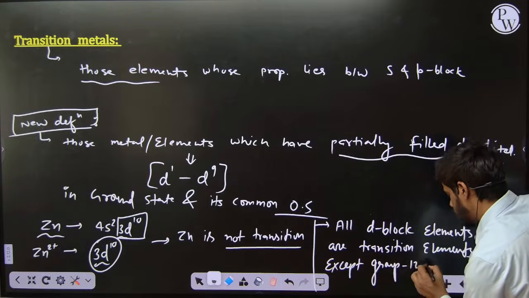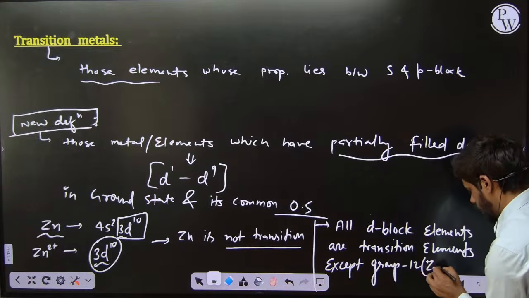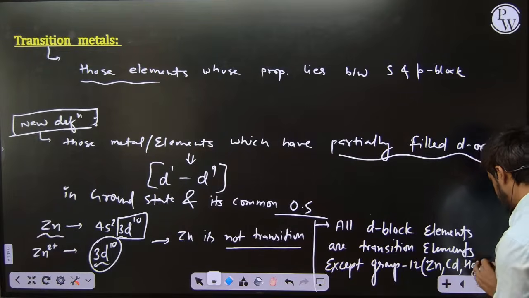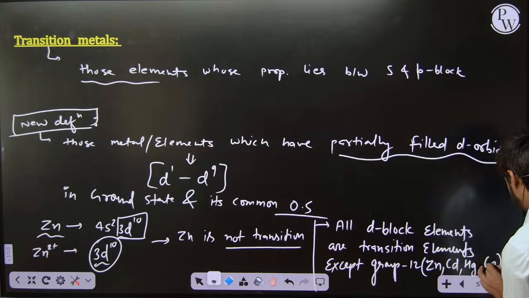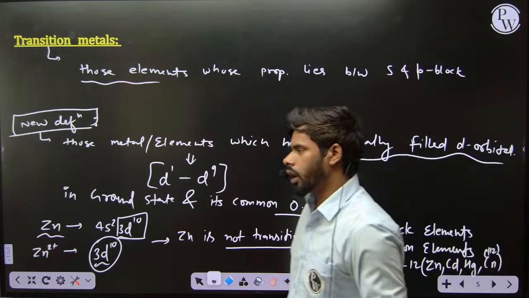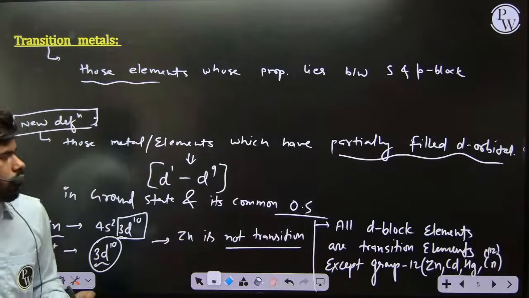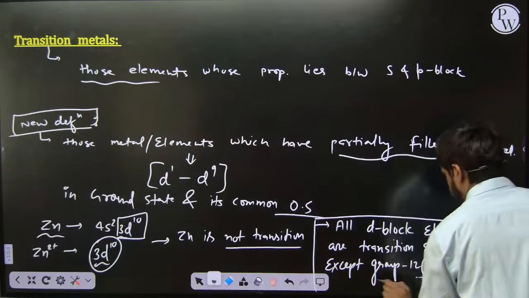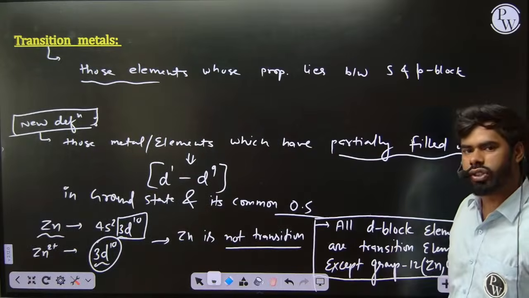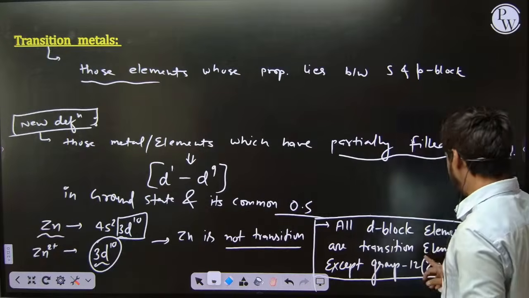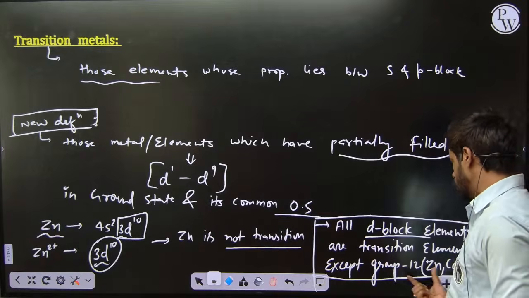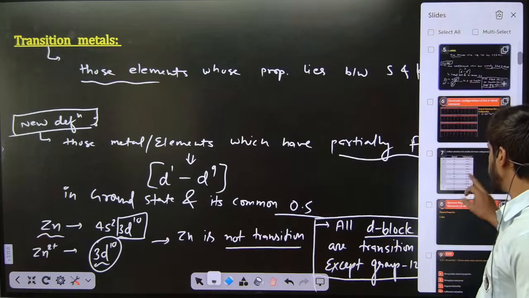Group 12 elements means zinc, cadmium, mercury, and the last element Cn, atomic number 112. This is a note point we should learn: the transition elements are all the d block elements except group number 12.